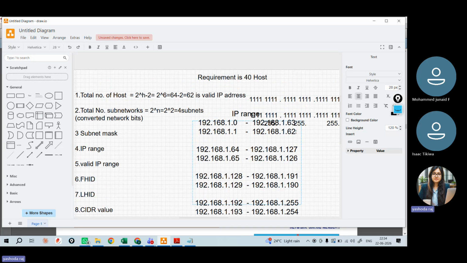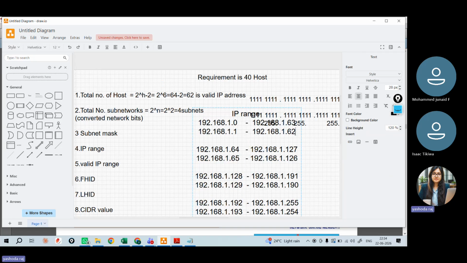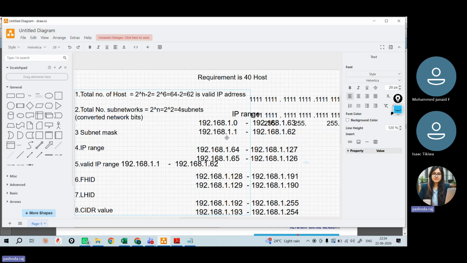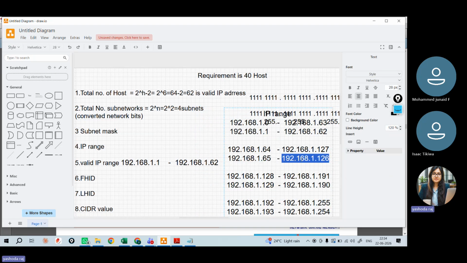So what you need to do now? You should say valid IP is all the four you need to paste. Paste this and copy this.